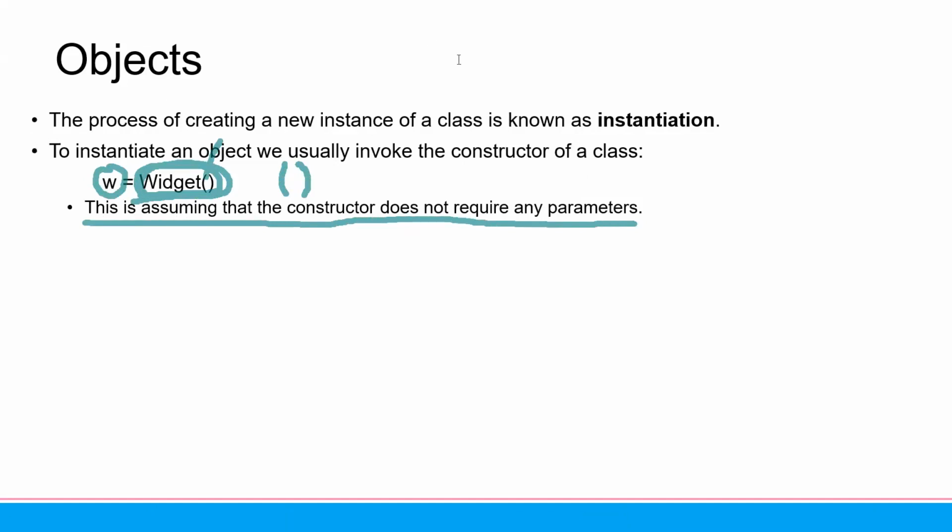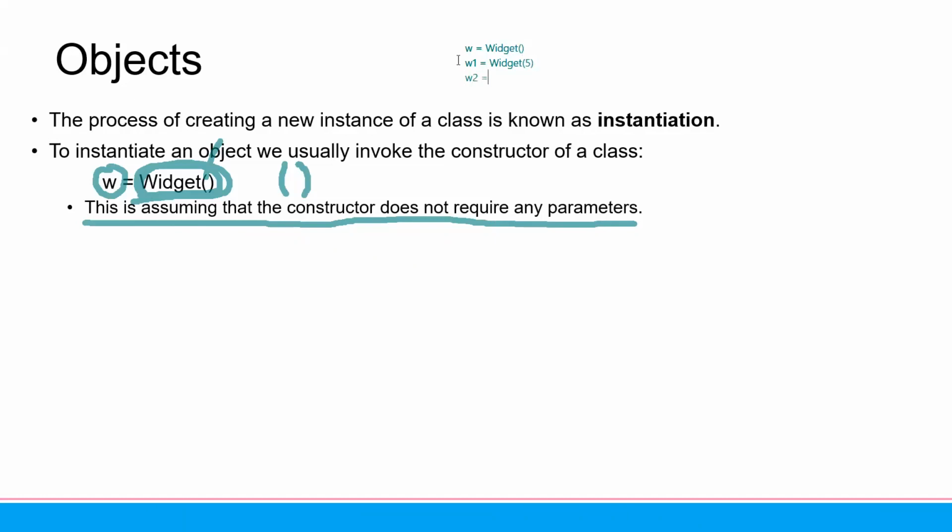If you have widget with no parameters, then you will just use the parentheses. If you have widget with one parameter, then you will include a value inside the parentheses.